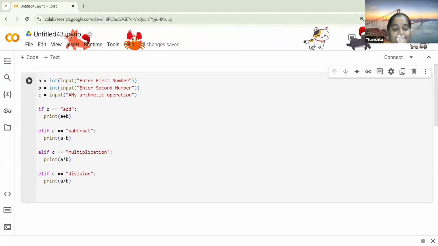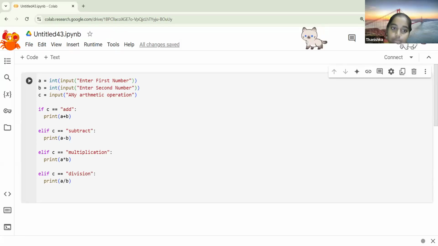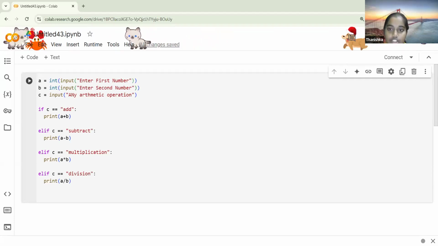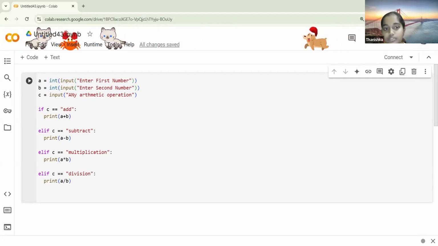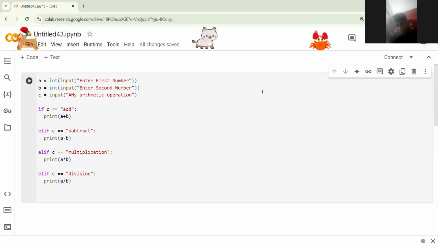So here I told you that we need to avoid division by 0. I don't want the user to type 0 in the place of the first number or second number. Even if they do, the computer says no division by 0. So how to do that? If A is equal to 0, we have to do something like that.